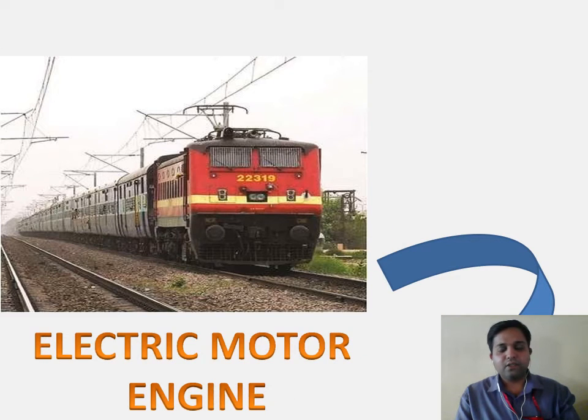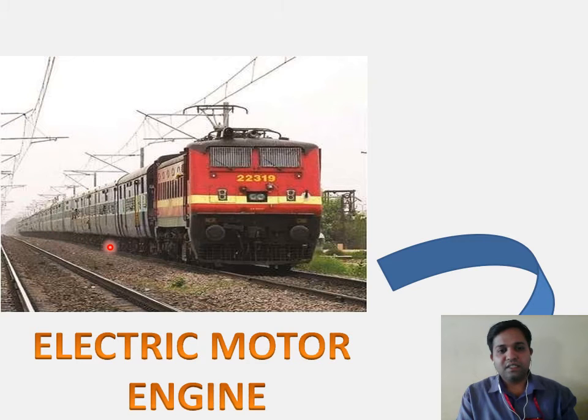And the next kind of electric traction system is what? The electric motor driven engine. Here with the help of the transmission line, we are going to tap out the electricity from this transmission line, which is directly given to the traction motors employed on the locomotives.